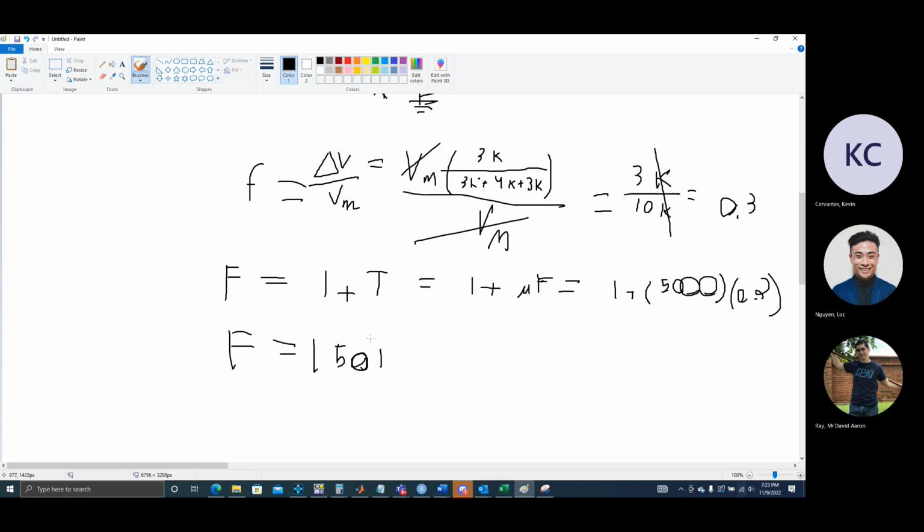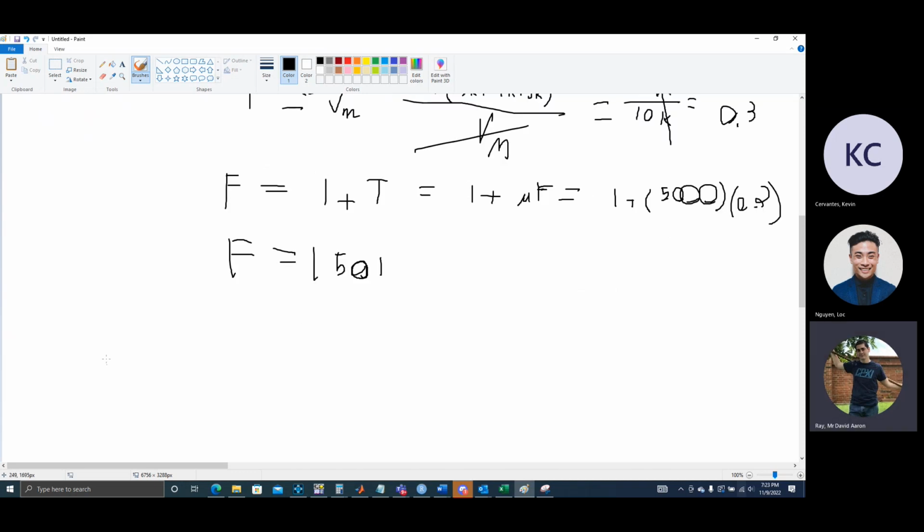And so from there, our G epsilon equals negative 100 over 1 plus mu F, which is our feedback function.